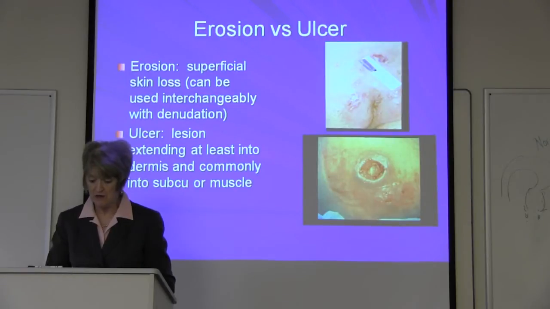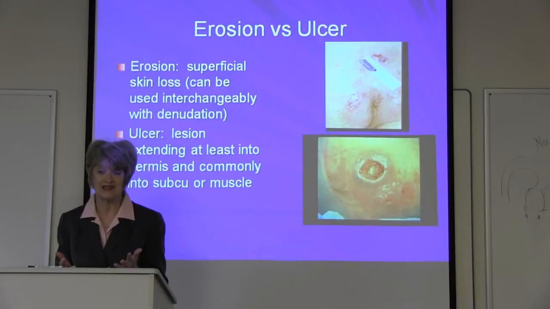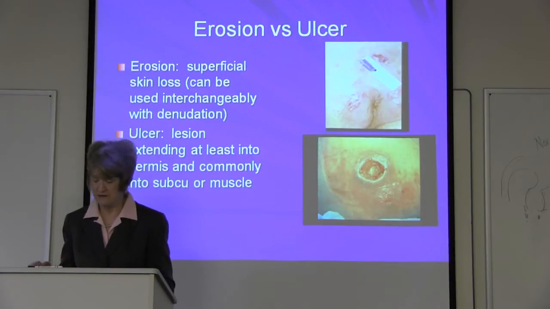Hyperpigmentation and hypopigmentation. Hyperpigmentation obviously means that there's excessive pigment deposits. We see that sometimes in patients with radiodermatitis. We see it also sometimes in patients who have venous ulcers, and they develop that gray-brown hyperpigmentation around the ulcer.